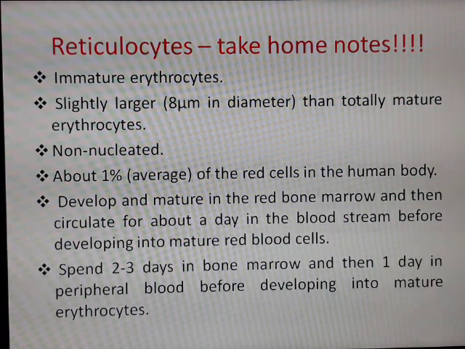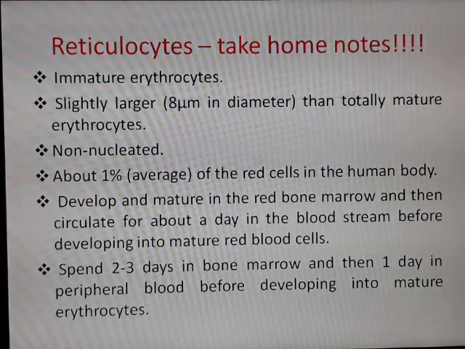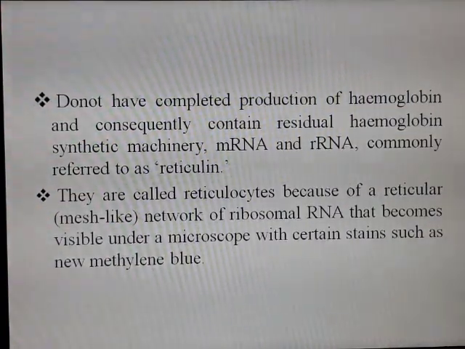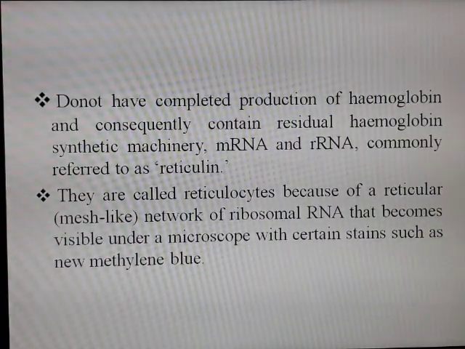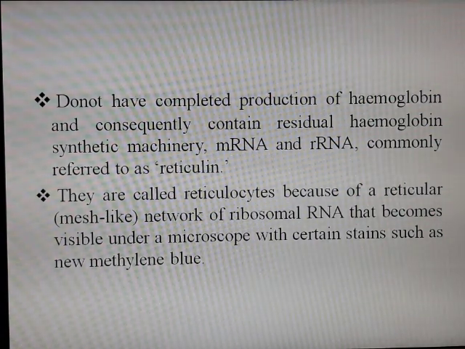Anyway, the reticulocytes spend around 2 to 3 days in the bone marrow, and then they come out of the bone marrow and spend around 1 day in peripheral blood before developing into mature erythrocytes. The reticulocytes have not completed production of hemoglobin and consequently contain residual hemoglobin synthetic machinery, mRNA and rRNA, commonly referred to as reticulin.